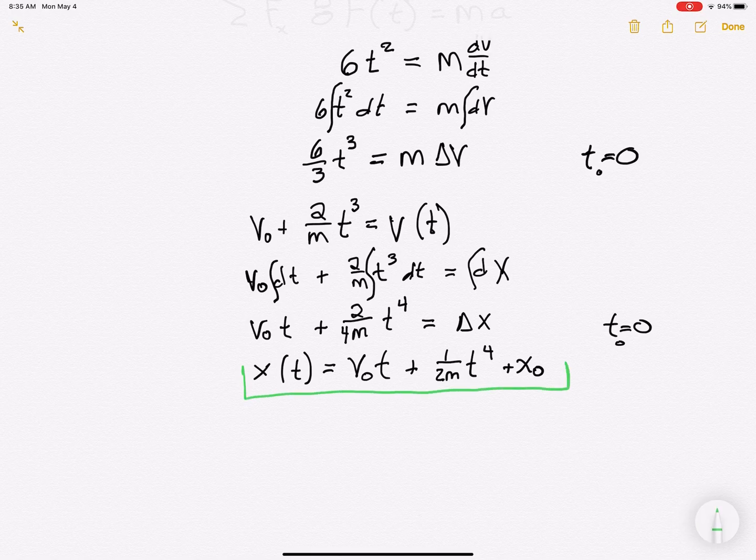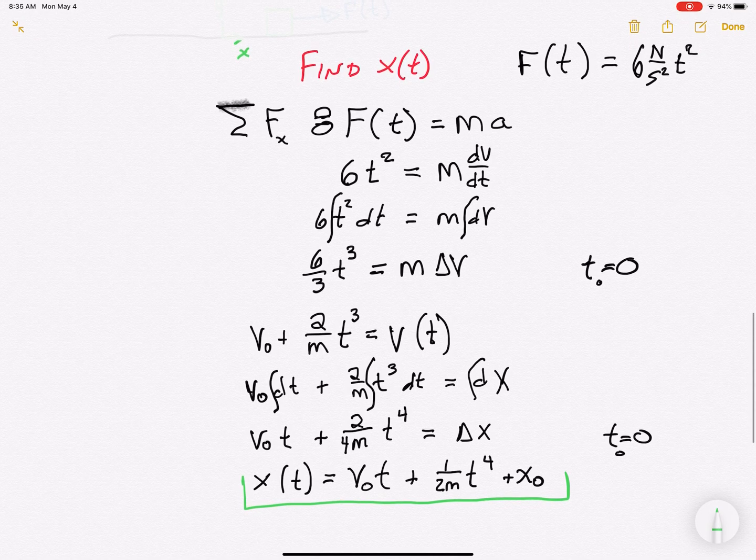So again, we find that there is a description of motion that depends on the specifics of the case.